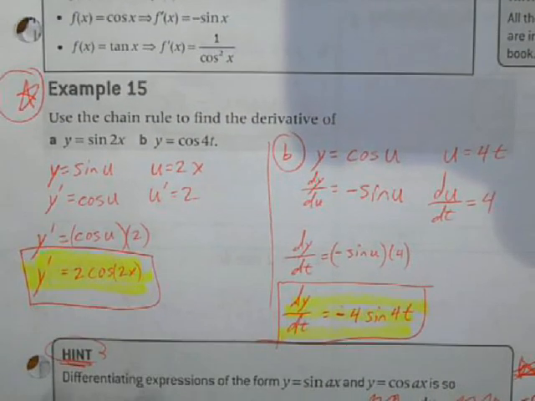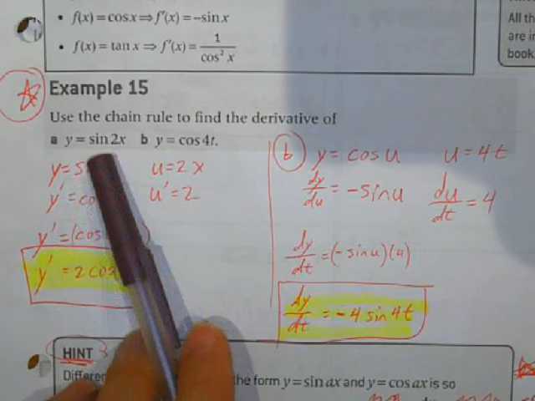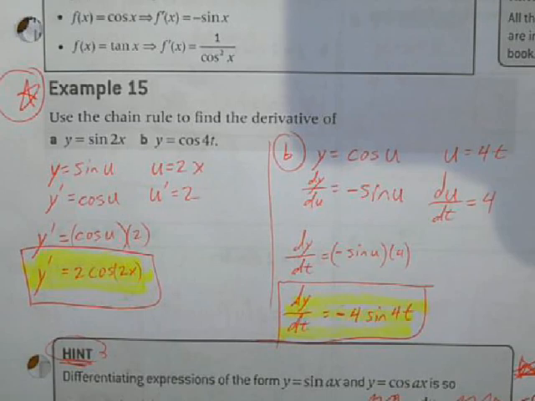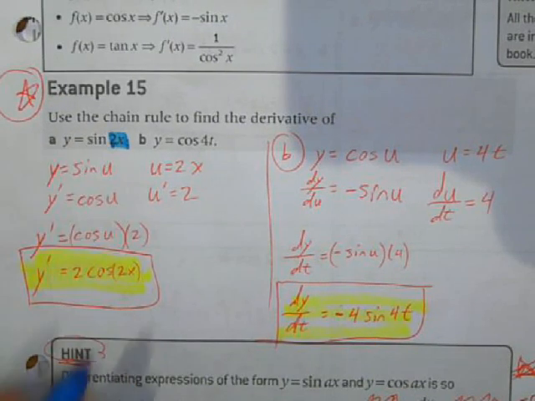Okay, now in this example here, they wanted you to use the chain rule on y equals sine 2x. So if I'm going to use the chain rule, I'm going to call this stuff in blue u.